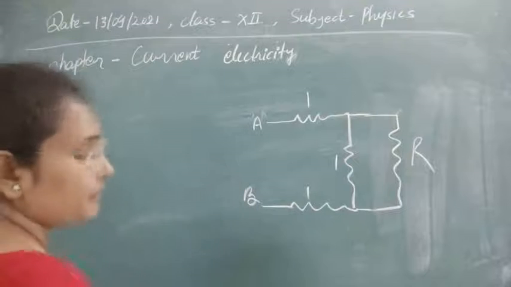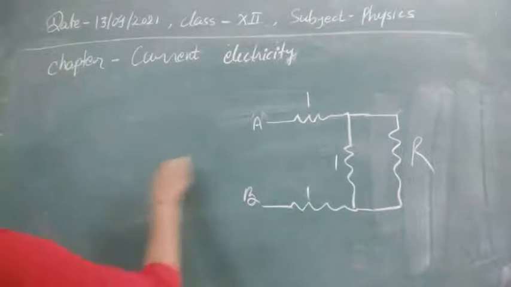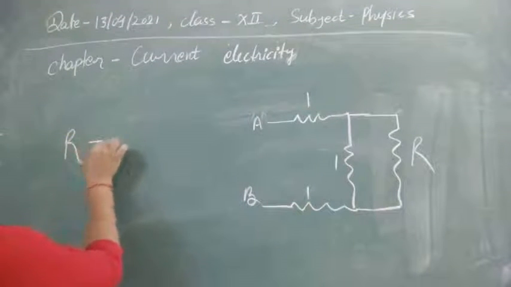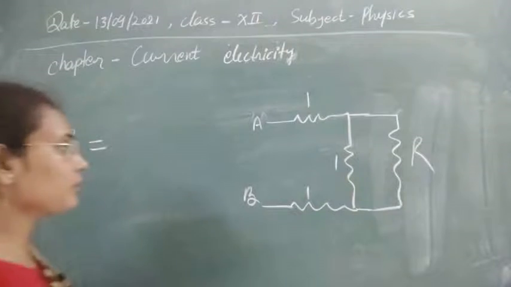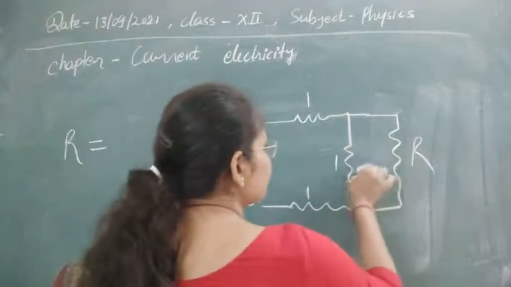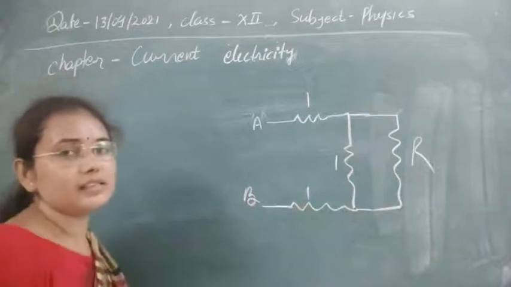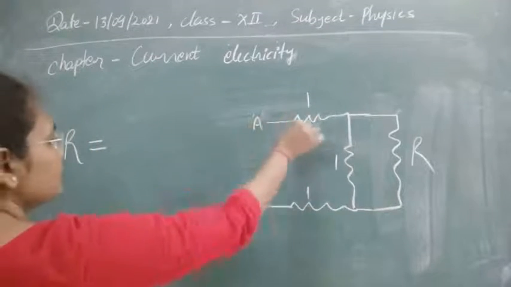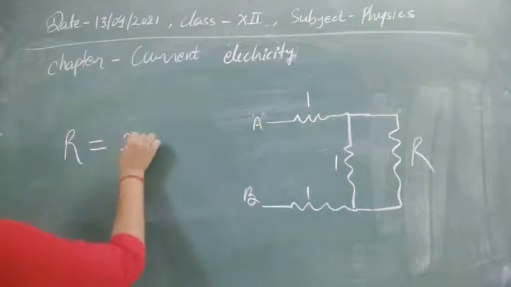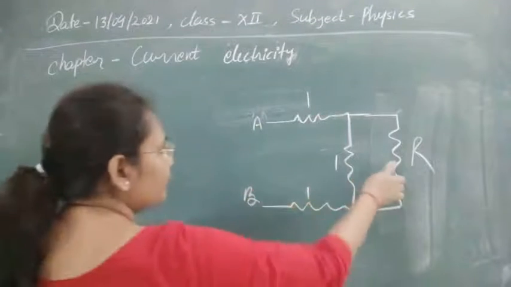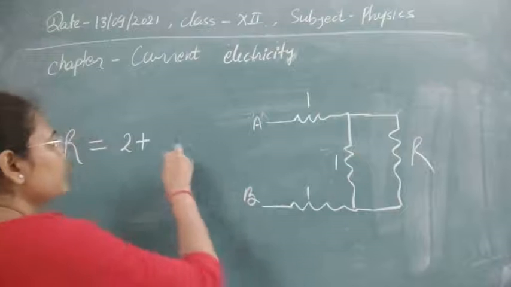So let's solve it. The equivalent resistance between A and B is already R. This should be equal to, first let's solve these two resistances in parallel combination, then all other resistances are in series combination. We can join these two in series, this will be 2, then plus we solve them for parallel, and again we join them in series.